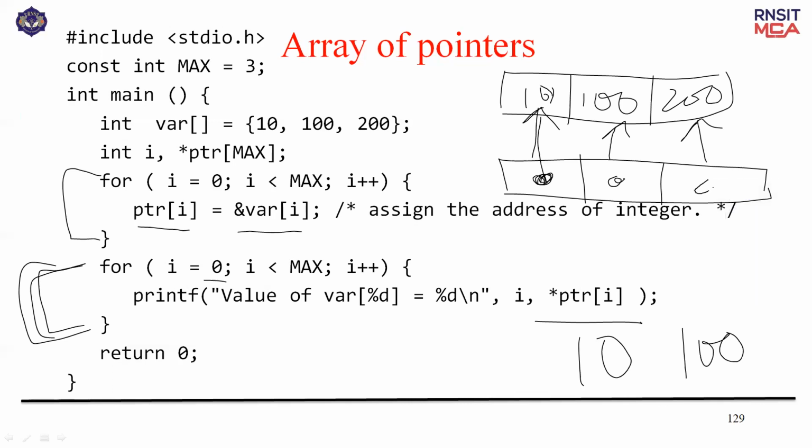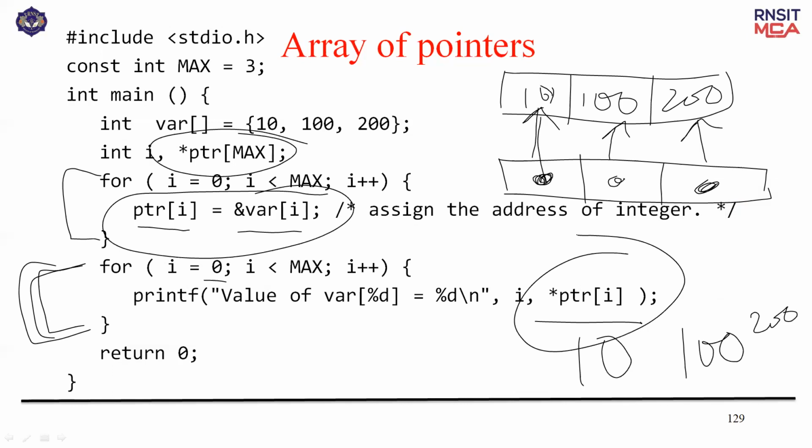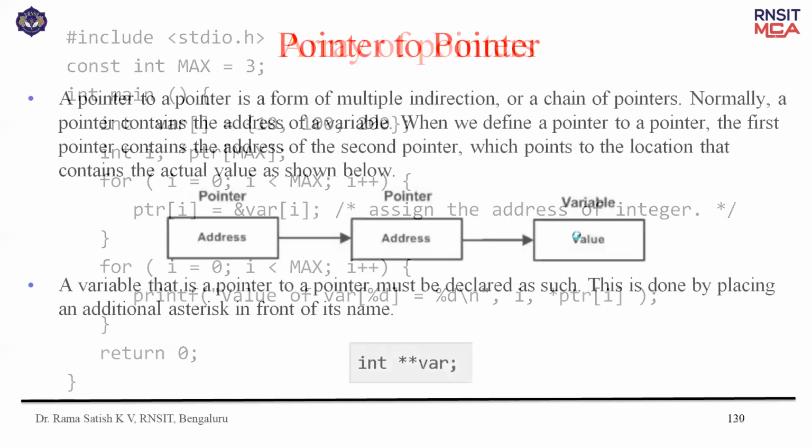This one is assigned to variable array of 2. So it is going to print 200, the value. So like this, you can create an array of pointers, you can assign like this, and you can print like this. This is possible with the array of pointers.